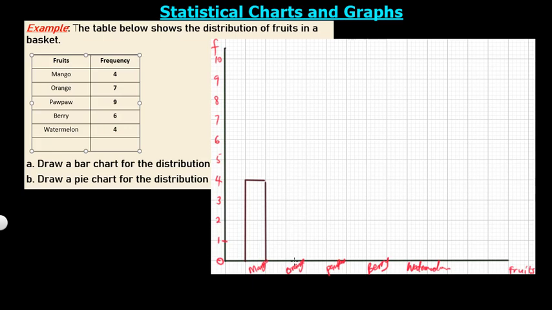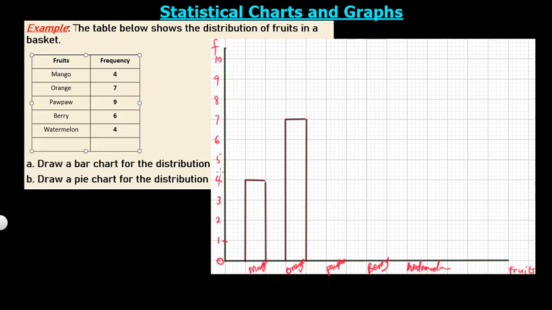The next is orange that has 7. We go to where we have 7 as the frequency. We draw it. Remember, bar charts are always separated, unlike histogram that has its bars close together. In bar chart they are separated.